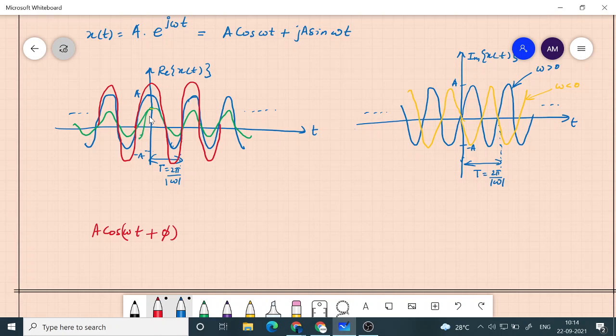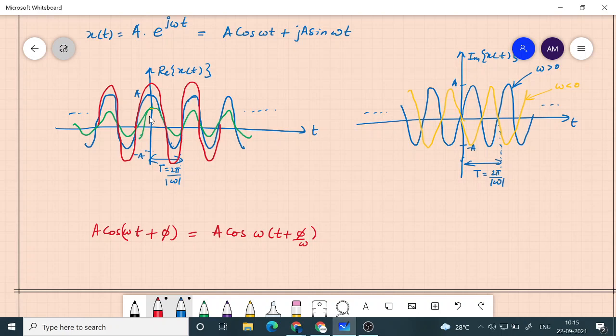Instead of omega t, it is omega t plus phi, and you can write it as A into cos omega, then t plus phi by omega. This is the amount by which it will be shifted, phi by omega. If phi by omega is negative, we shift it to the right. If phi by omega is positive, we shift it to the left.